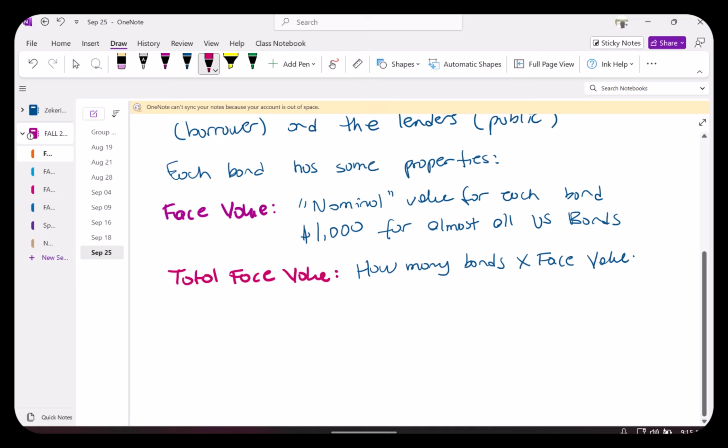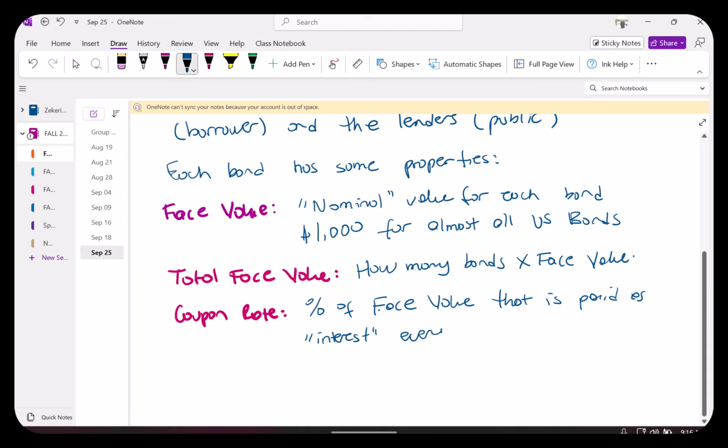You're going to have something called coupon rate. That's the percentage of face value that is paid as interest every 12 months.